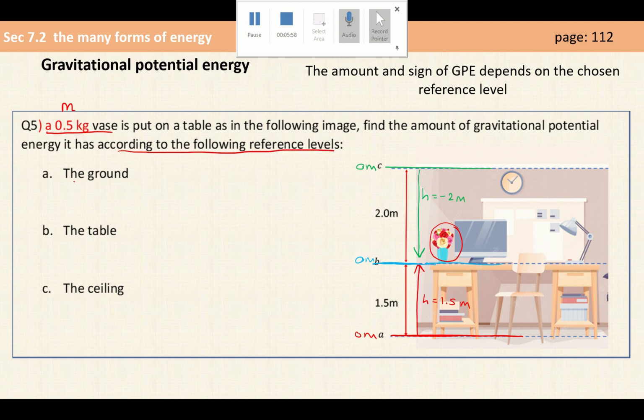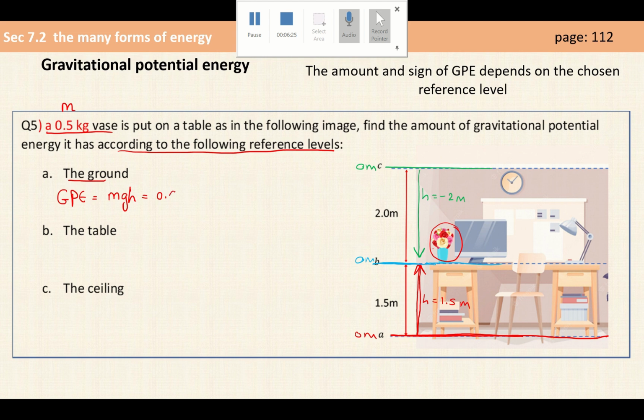The first reference level chosen is the ground. So here we're measuring the heights and depths from the ground. In this case, you can see that this vase is 1.5 meters above the ground. Hence, to find the gravitational potential energy in the vase, we will multiply mgh.